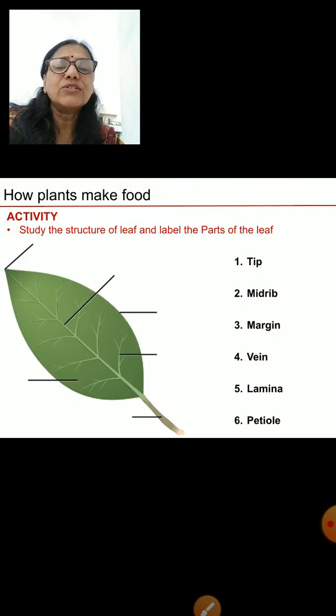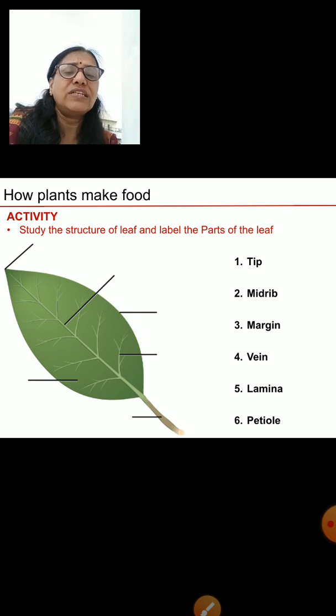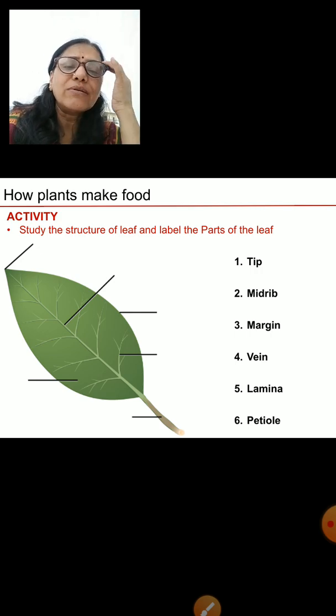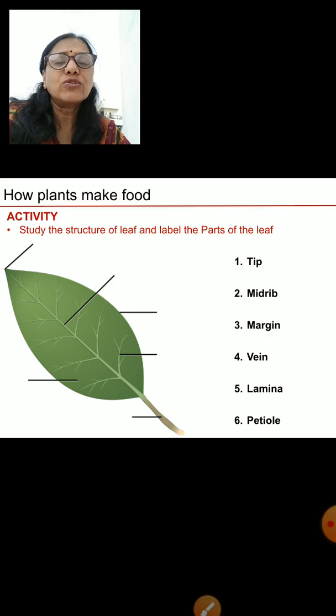Okay, here we will do a small activity on the structure of a leaf. You have to label the parts of the leaf. The parts are given number-wise, and here you have to give the arrows. So we will match the correct word with the arrow.